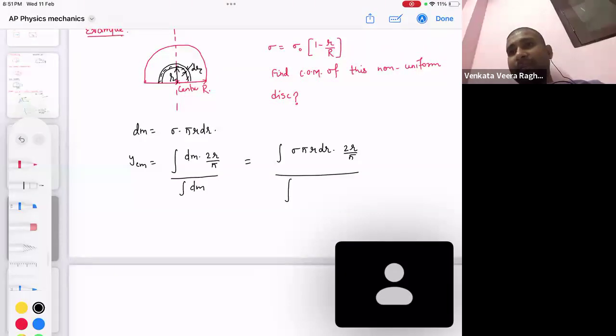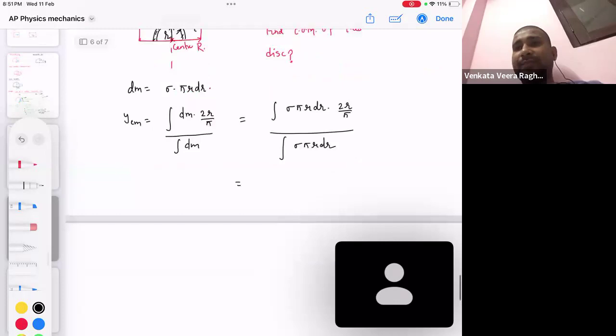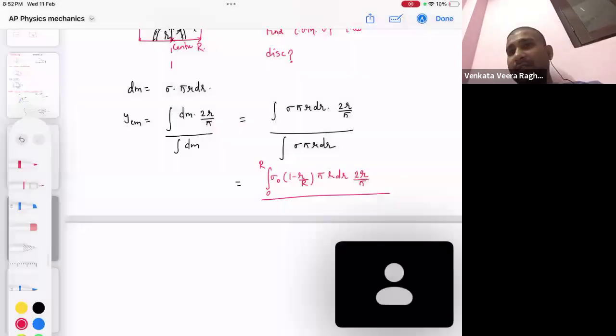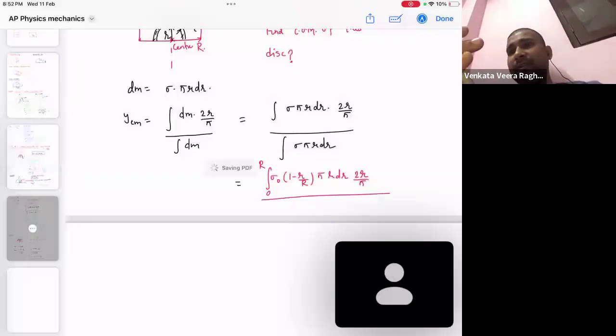Let's put the value of sigma before integrating. Sigma is a variable, so I have to put the value sigma naught into 1 minus small r by capital R, given to us. Next, pi r dr into 2r by pi, integration from 0 to R. In the denominator, you have to write the same value also, because you have to replace sigma before integration.